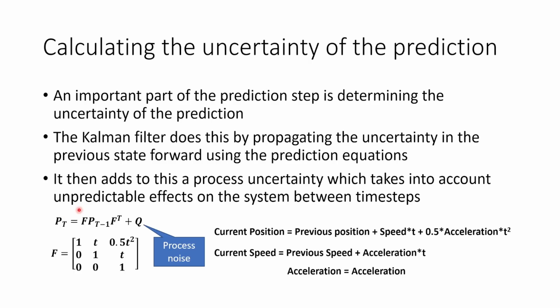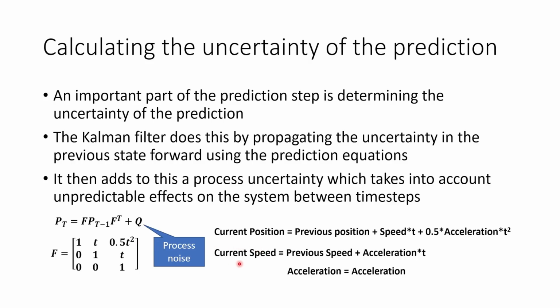And the way this matrix multiplication works is we create this F matrix using the equations that we're doing the prediction with. So you can see here that for position on this top row, we have current position equals previous position, so that's just a 1, plus the speed times time, so that's why we have a t there, and then a half t squared times the acceleration, so that's why we have a half t squared here.